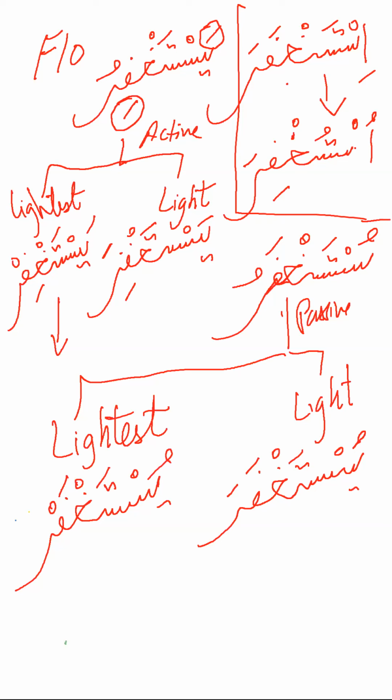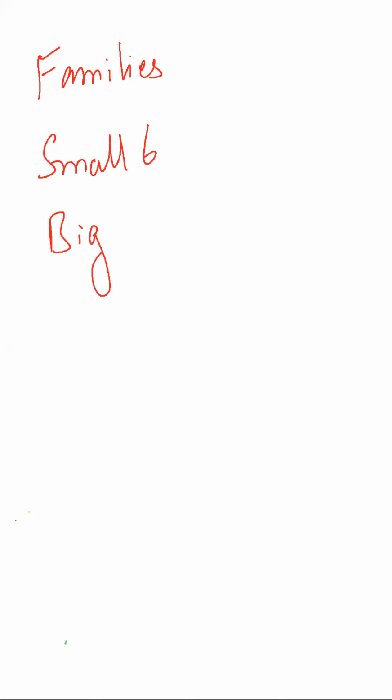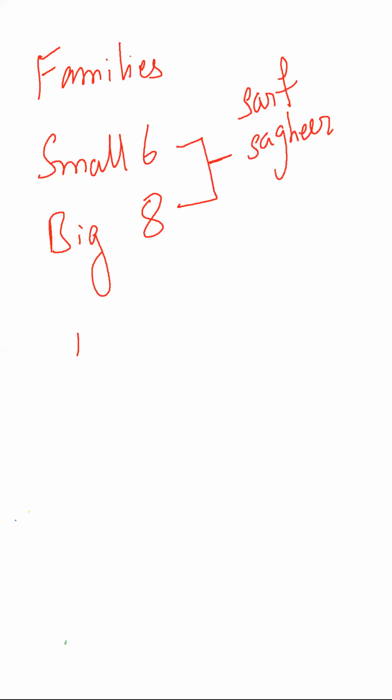The only thing you need to remember in the families, be it the small 6 or the big 8, from the Sarf Saghir that we do, is three things for each family.